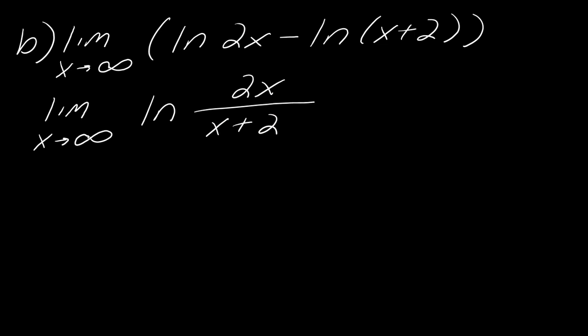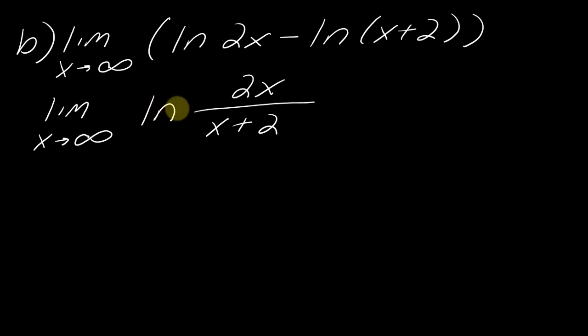Okay, and so now notice what really ends up happening. I've almost got this in the form that I want for L'Hopital's rule. The only issue is I've got this natural log here. So now we have to think about what we know about limits. If you think about limit properties, this natural log is not really going to do a lot in the context of this particular problem. So if this is going to infinity, this natural log is going to infinity.